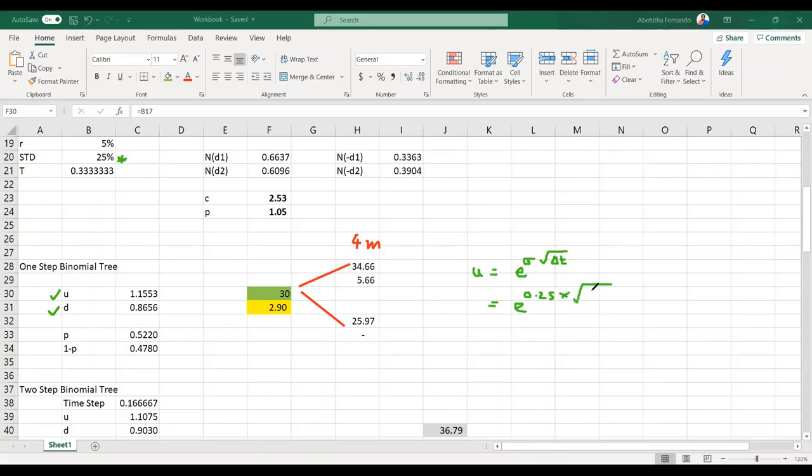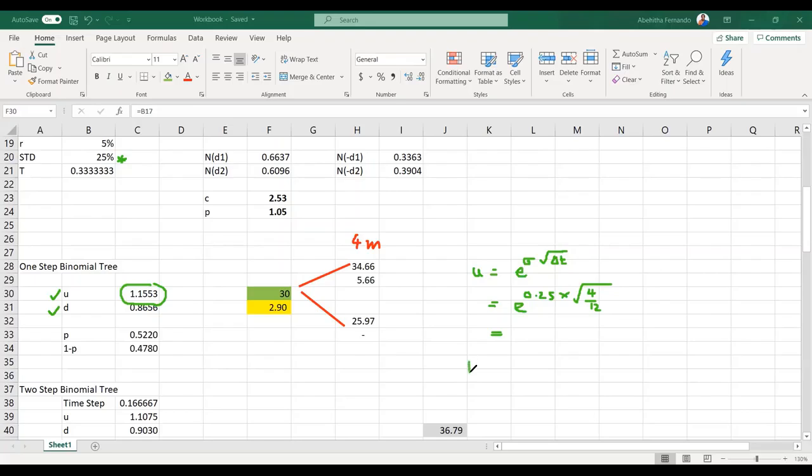Delta t is 4 months, so multiply by the square root of 4/12. Take e to the power 0.25 multiplied by the square root of 4/12. That should give you 1.1553. So that is the value of U.